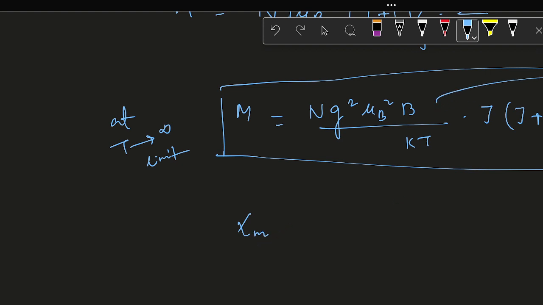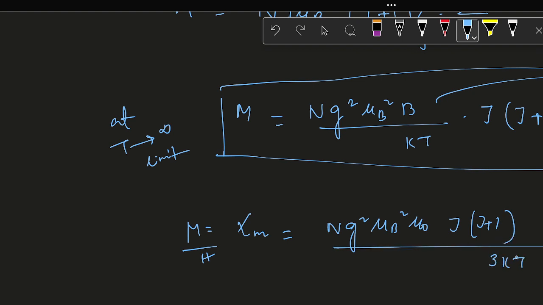We can just use B = mu_0 H. If B = mu_0 H, then replacing it, you get M/H, because you take this H to the left-hand side. So M/H = chi = N g² mu_B² mu_0 J(J+1) / 3kT.